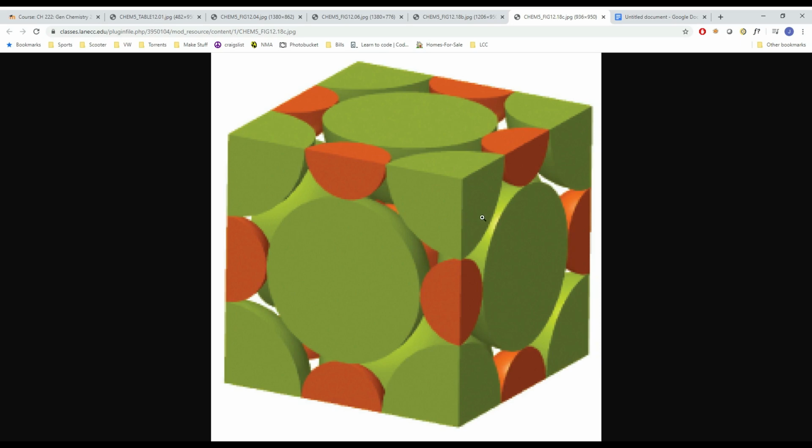So this is 1/8 of a chloride. And if it's in the middle, it's the whole thing. So when we see something on the face like this, that's a half. These are 1/8. And on the edge here is 1/4. And if something is in the middle, it's all of it.